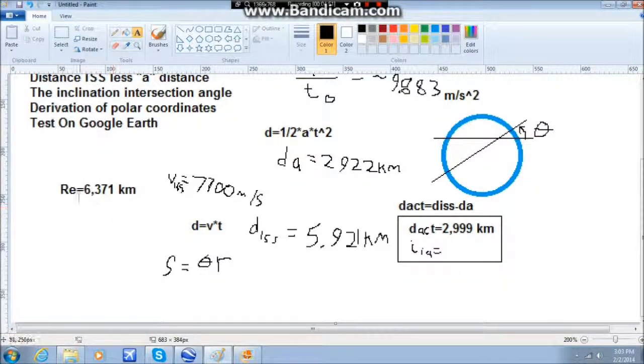So that is the constant radius of the Earth value that we're using.